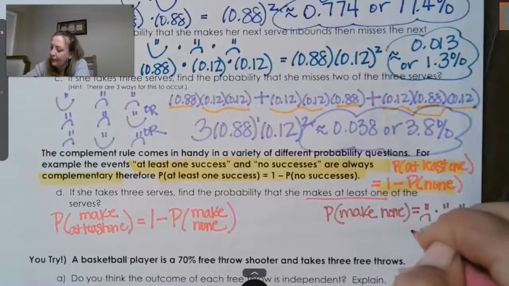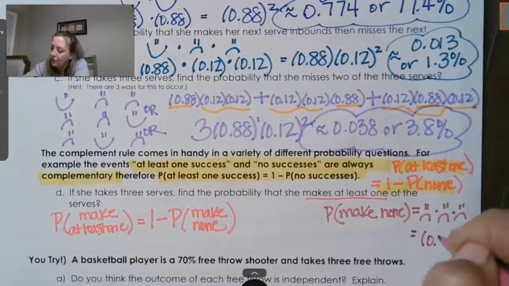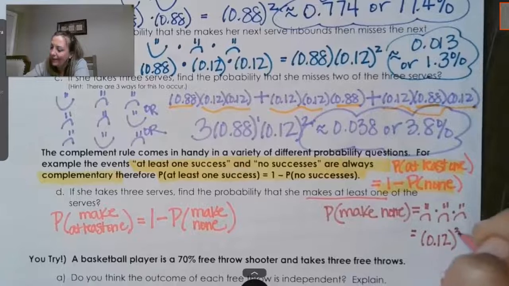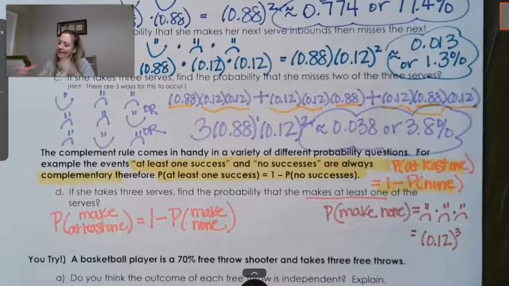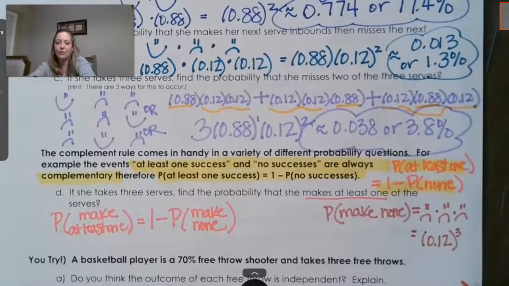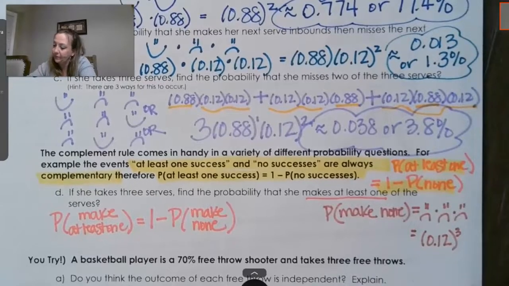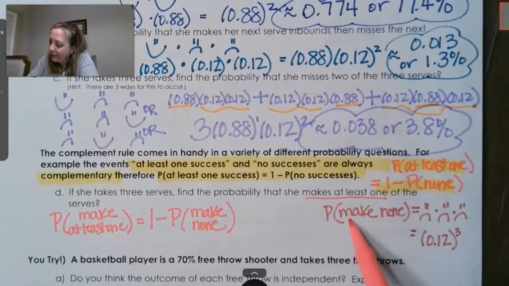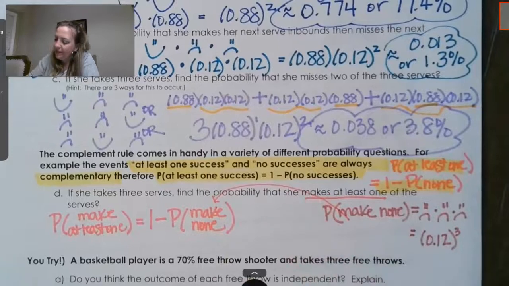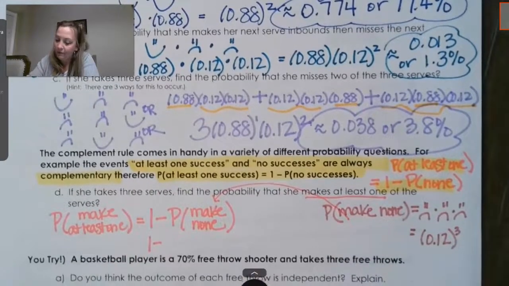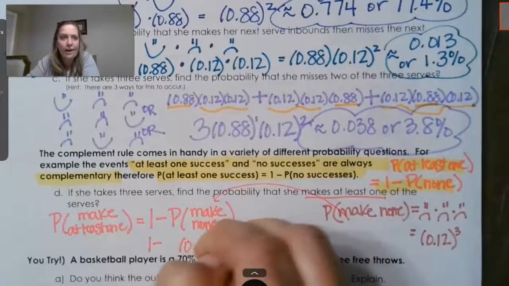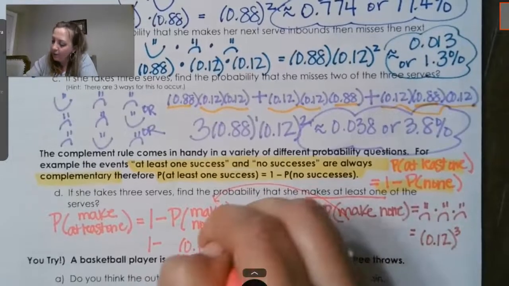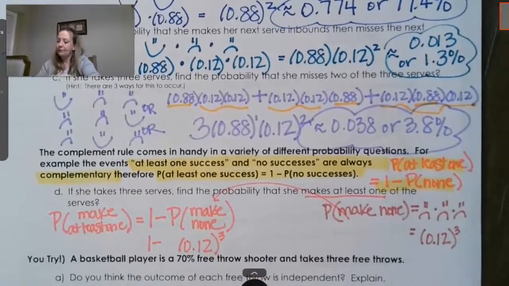We said that the probability of a miss was 0.12. And because we're multiplying that by itself 3 times, that's like 0.12 to the 3rd power. So the probability of making none is going to be 0.12 to the 3rd power.